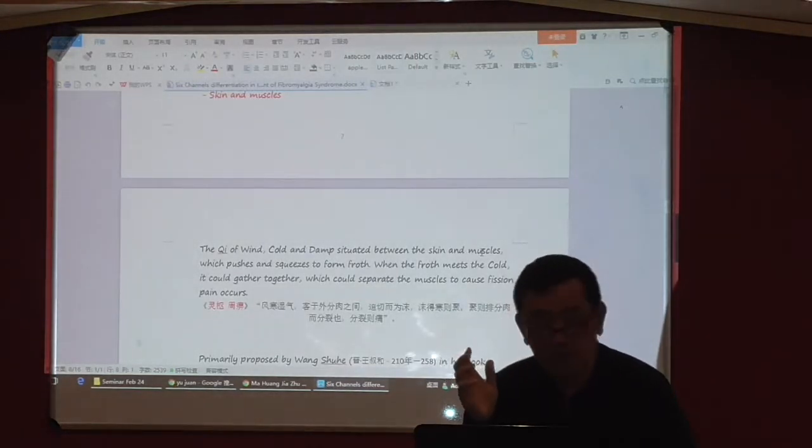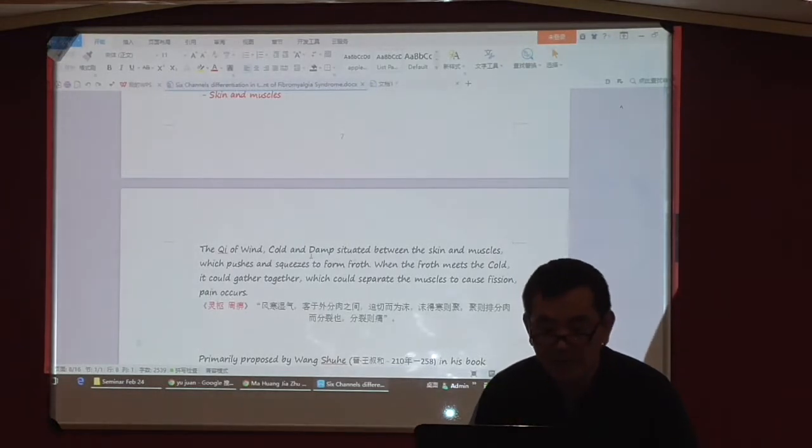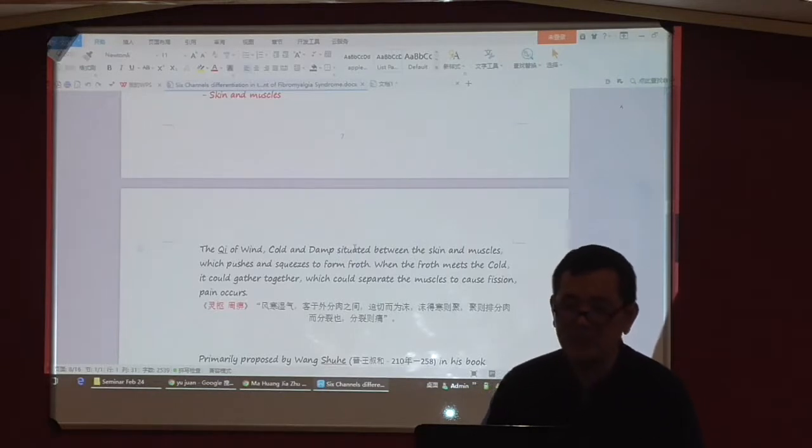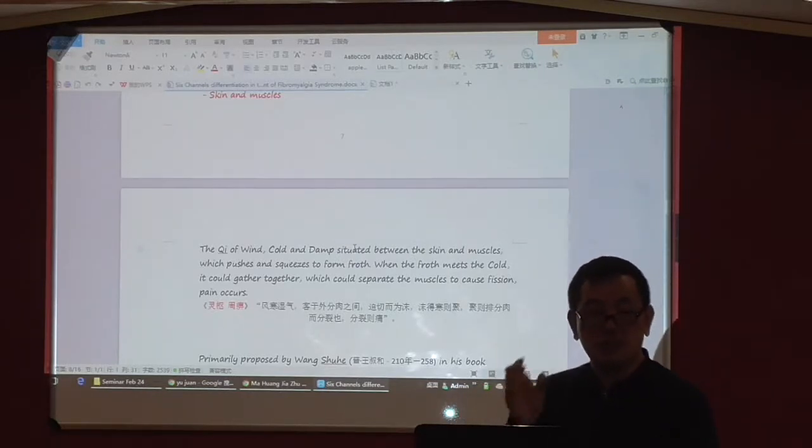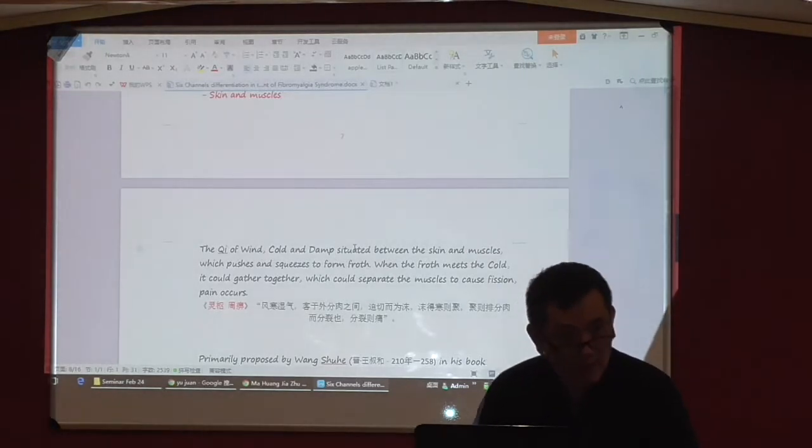Not even finished. If it is wind cold alone, they are not situated. They only temporarily invade. But if it is wind cold damp, they are going to situate, accumulate, stagnate.